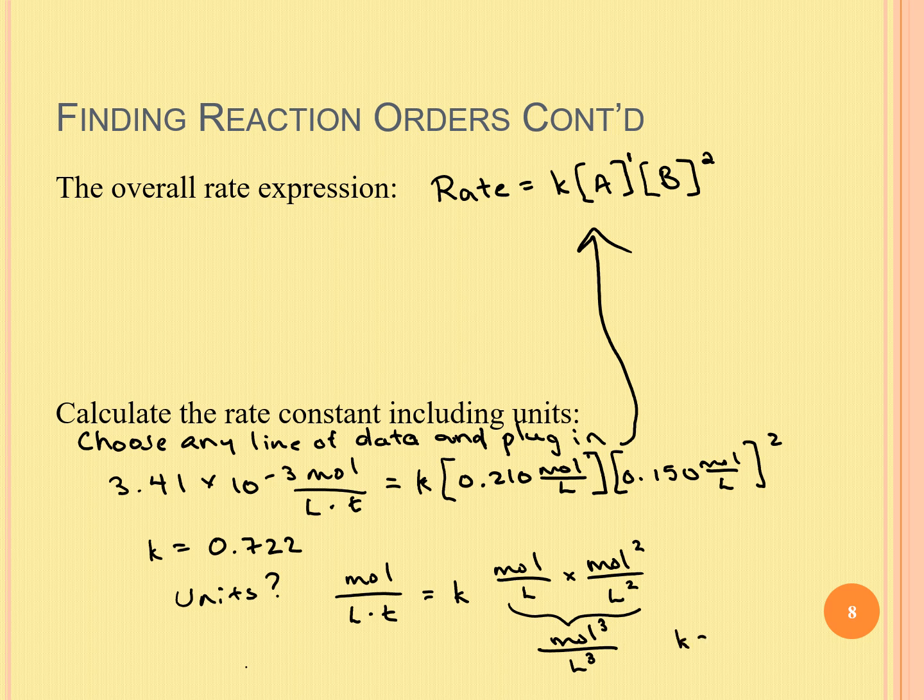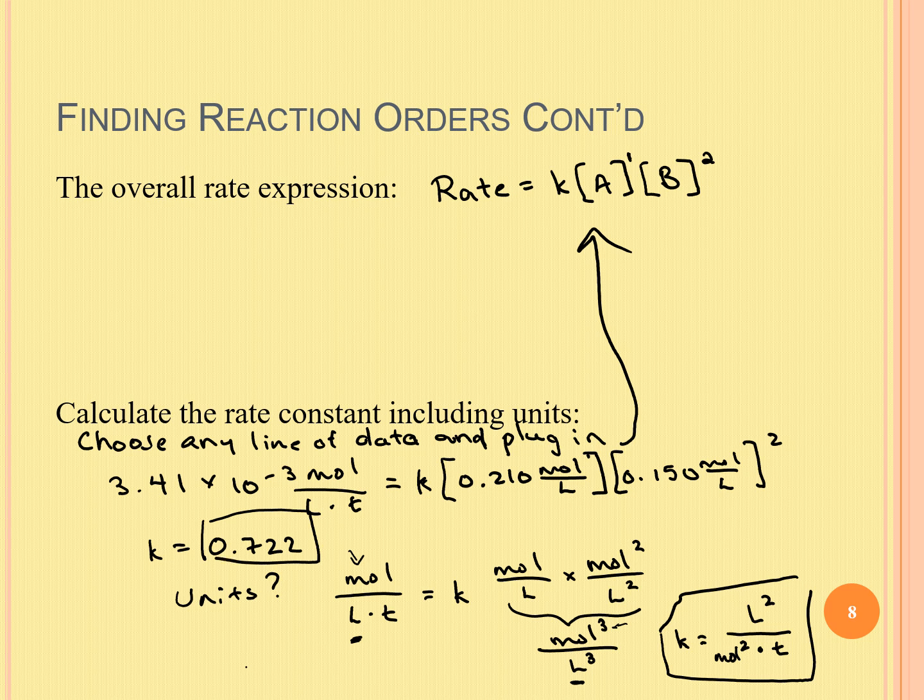So for K to give the right units on both sides, we know we need time on the bottom. I need 1 liter on the bottom, and I currently have 3, so I need 2 liters on top of my K to cancel those out. Vice versa, I have 1 mole on the top and currently have 3, so I need moles squared. So this would be 0.722 liters squared over moles squared times time.